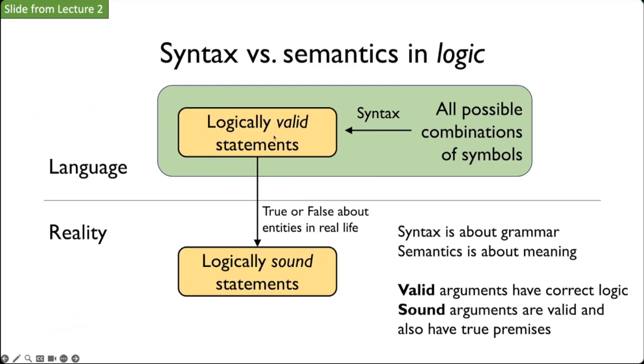That's going to be valid statements, but they don't have any connection to the real world. To do that, we need to bridge the realm of language to the realm of reality and have statements that are true or false about entities in real life. And so the vocab word becomes sound. This means the arguments are valid and also have true premises.